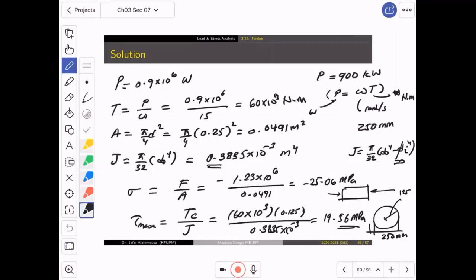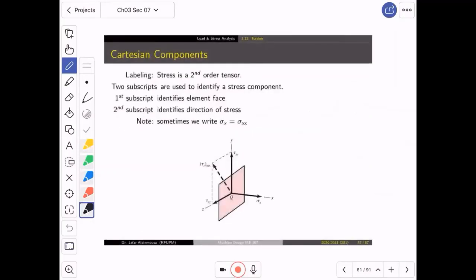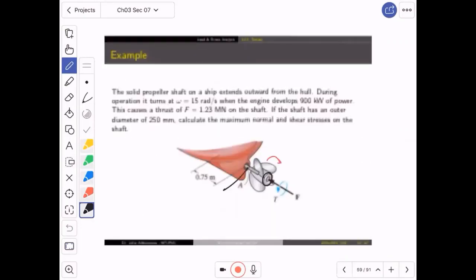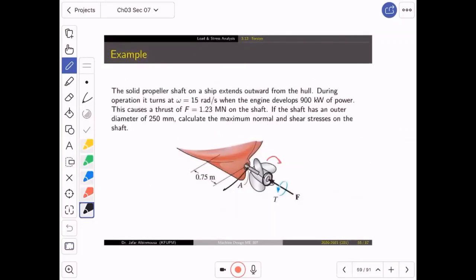Okay. Let me ease it up. Yes. What about the length? You didn't use it, or it's not necessary? Yeah, this is what tricked you, right? Why? If, for example, I told you to find the angle of twist, which is TL over JG, something like that, you would use that length.